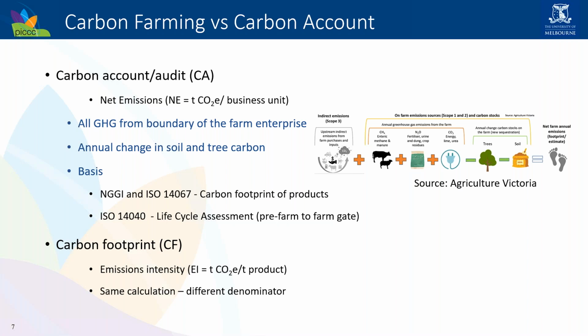Over time, carbon dioxide equivalent is quite a mouthful, and it has slowly become carbon. But unless we're referring to carbon sequestration, the storage of glucose in a plant, we're actually referring to tons of carbon dioxide equivalent or greenhouse gas emissions.